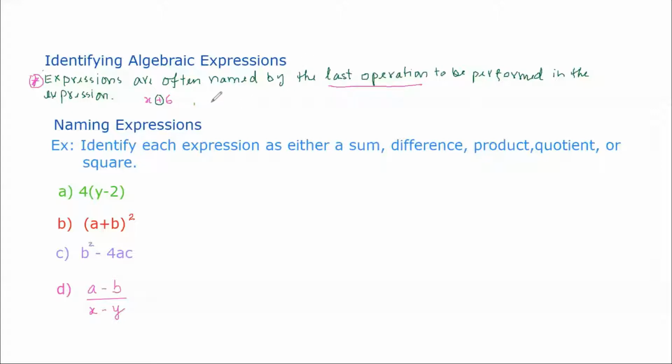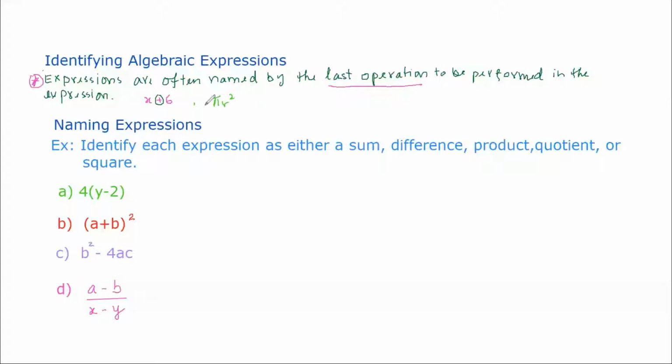More examples: maybe I give you pi r square, like the previous example. This is an algebraic expression, correct? Because we have r as the unknown or variable, and pi is a number equal to 22/7 or 3.14 something.